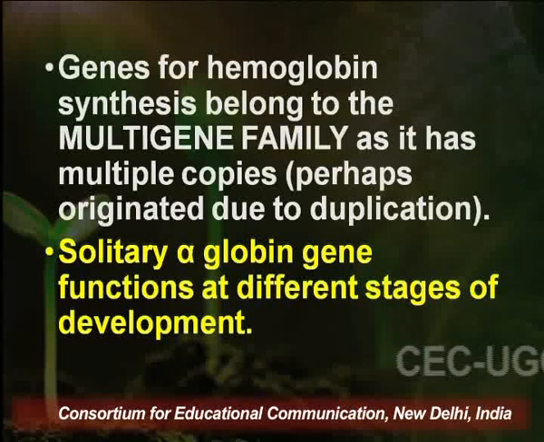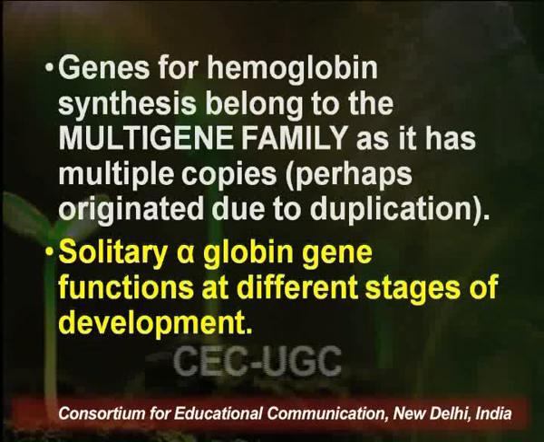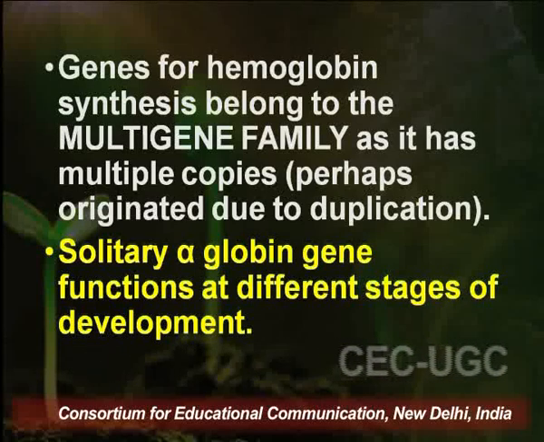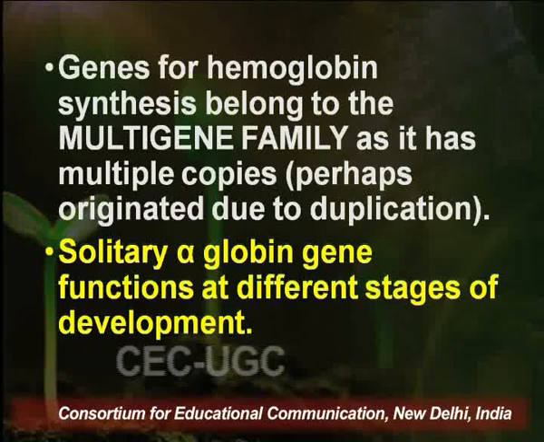We now appreciate that this particular gene for hemoglobin in fact belongs to a multigene family, which is a recent concept. So that means this is a gene which has multiple copies and it can function at different stages of development. What do we mean by this?